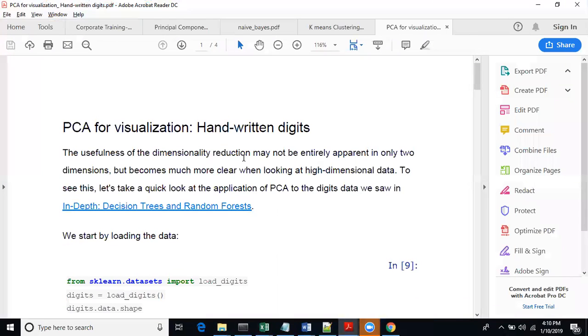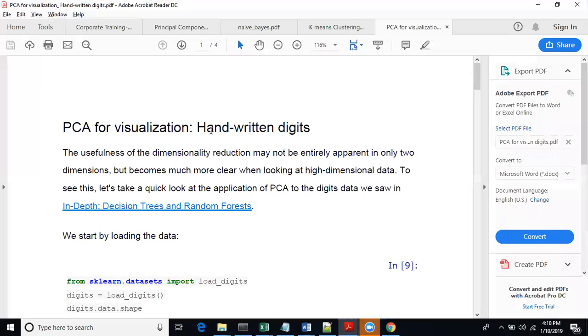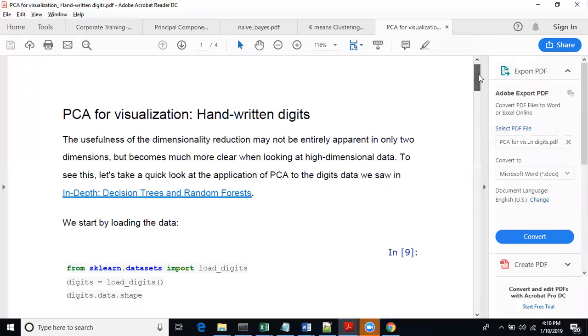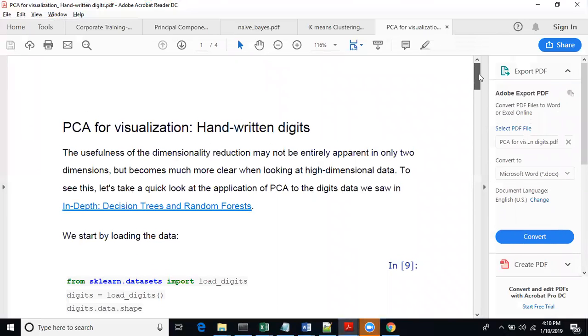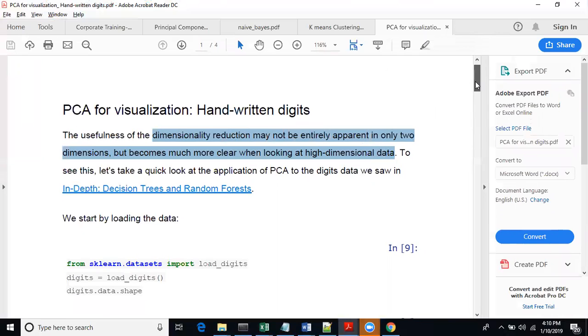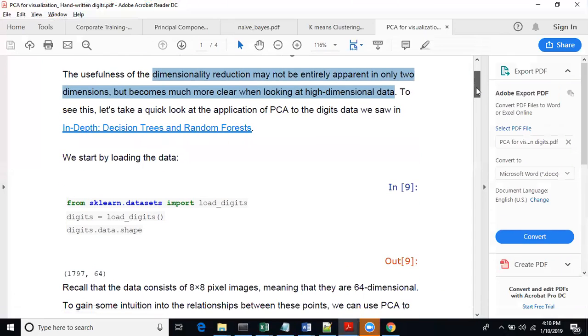To visualize it, we'll look at some handwritten digits. Handwritten digits are the digits 0 to 9 written in handwriting format. The usefulness of dimension reduction may not be entirely apparent in 2 dimensions, but is much clearer when looking at higher dimensions. So 2 dimensions may not be enough to keep all the information.